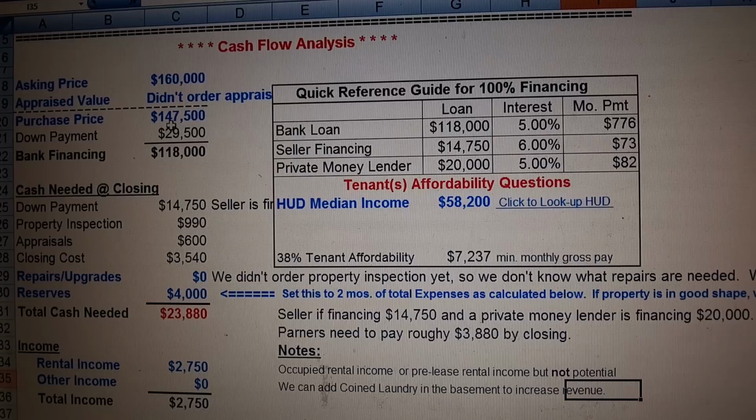I met with the seller in person. He's an older guy, ready to retire, and wants to sell the property. So I negotiated the purchase price to $147,500. Got it. Getting tongue-tied over here. So we lowered the purchase price some.